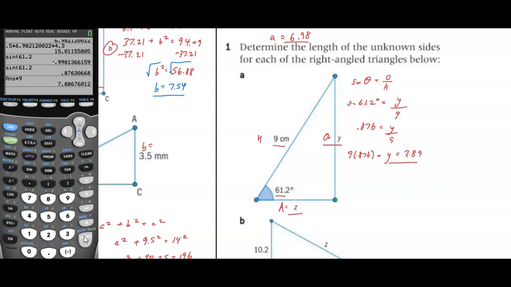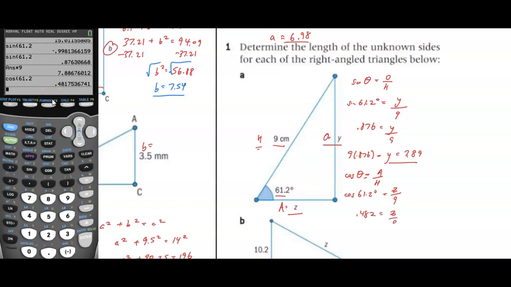What about z? I can find z because I want to know the adjacent and I know the hypotenuse. That would be cosine. So cosine of theta would be cosine of 61.2 degrees. The adjacent is z in this case, and the hypotenuse is 9. So cosine of 61.2, we can find that with the calculator. It's equal to 0.482.